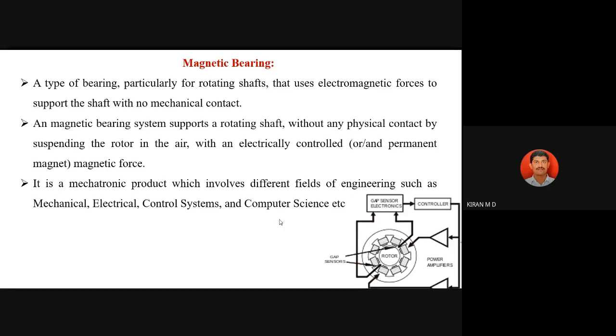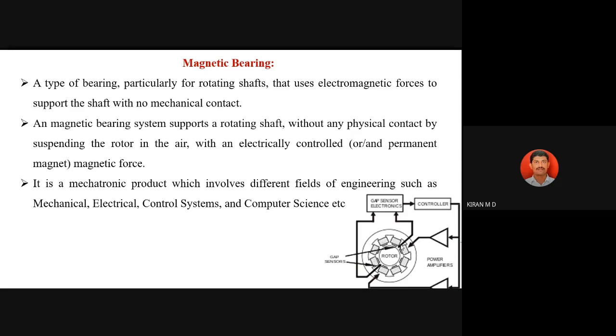It is a mechatronic product which involves different fields of engineering such as mechanical, electrical, control systems, and computer science. Here you can see the schematic diagram. This is the rotor. This is the wiring component we use to introduce the electromagnetic field. Again, gap sensors are used to sense the gap. Why, we will discuss in the later slides.